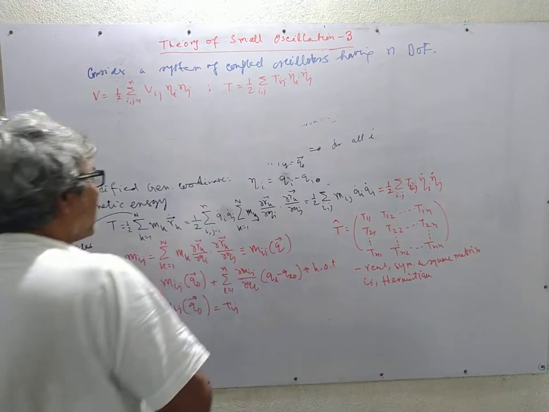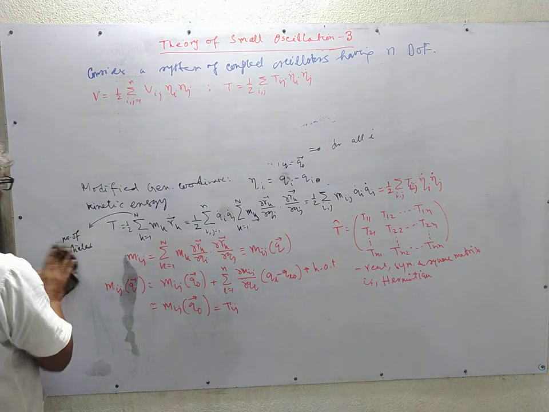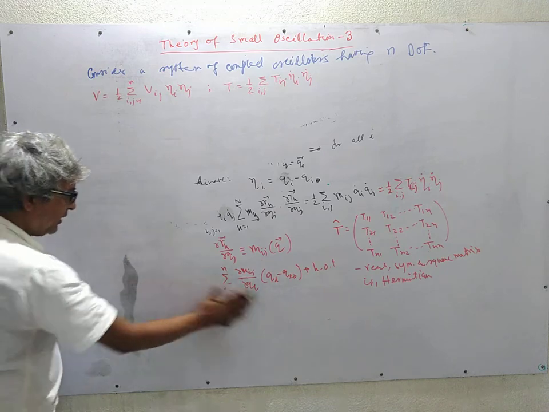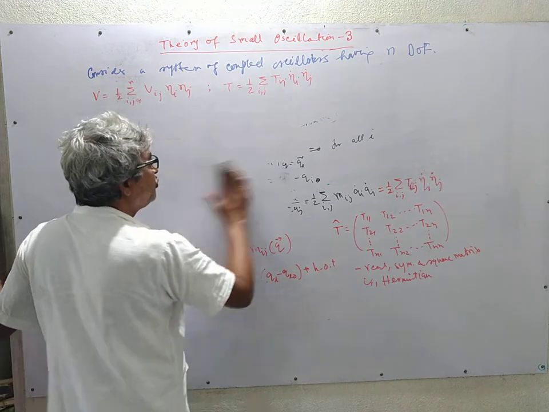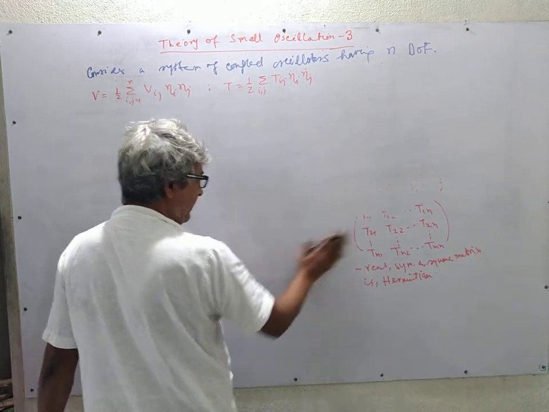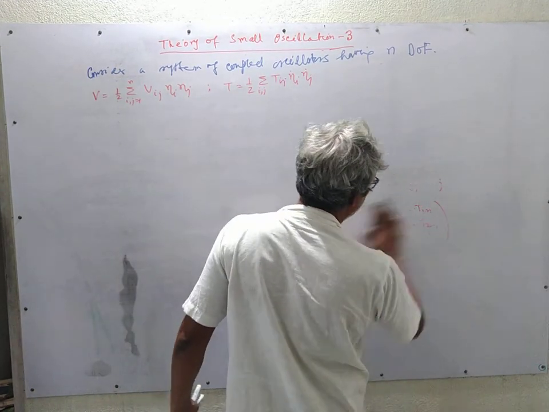Let me first write explicitly what we mean by this for a system having 2 degrees of freedom, and then I shall extend it to 3 degrees of freedom.